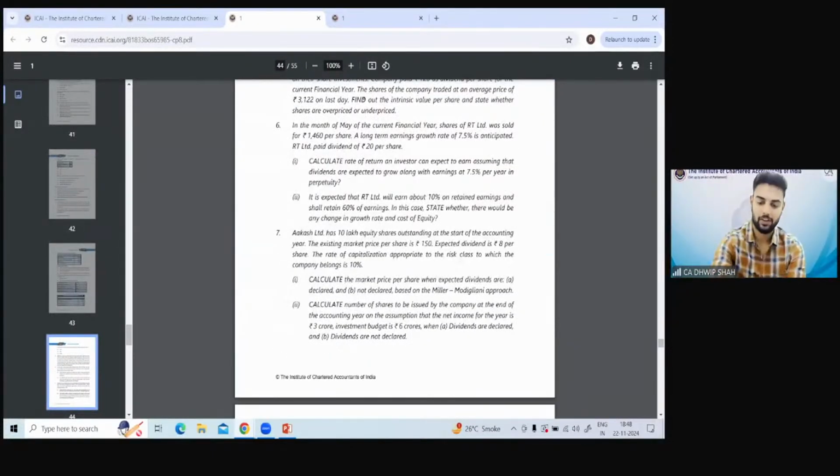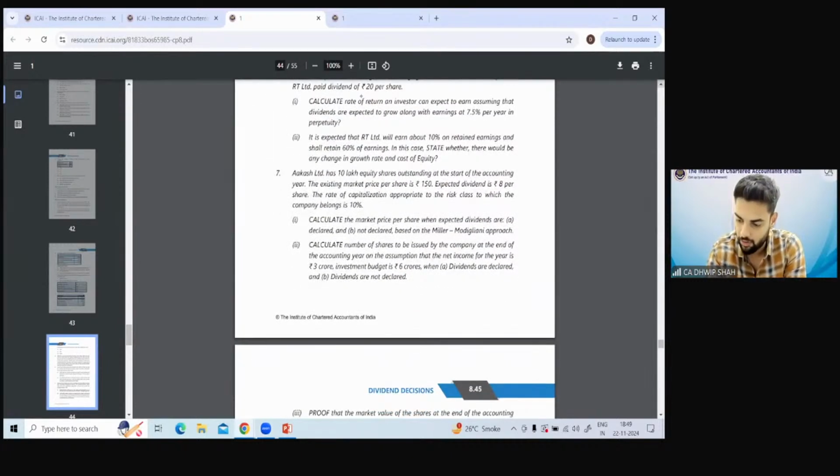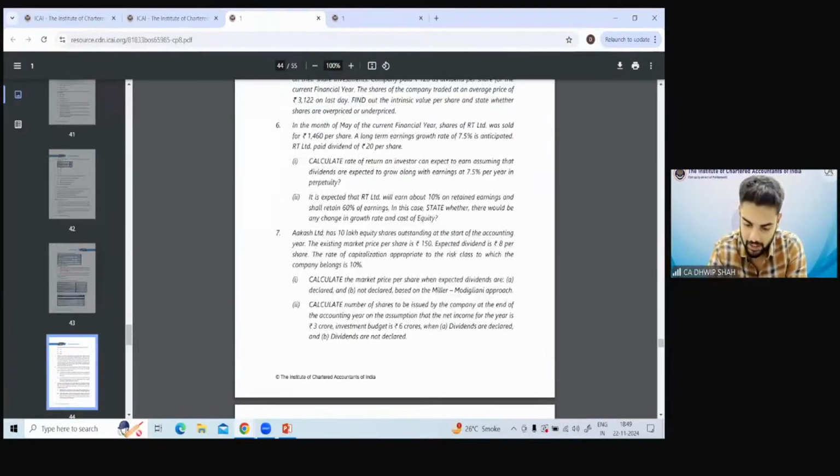Question number 7. Page number, let me give you the page number as well. Page number 8.44. Can you read this question 7? Akash Limited wala.